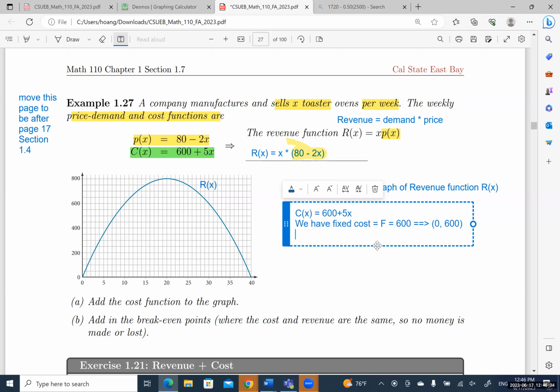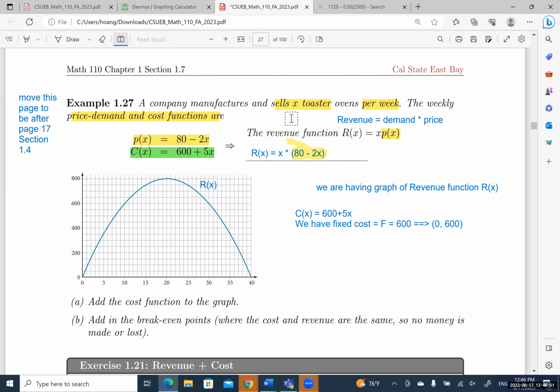Another point we can use: I can make a t-table. All right, let's make a t-table here, x here and C of x here.